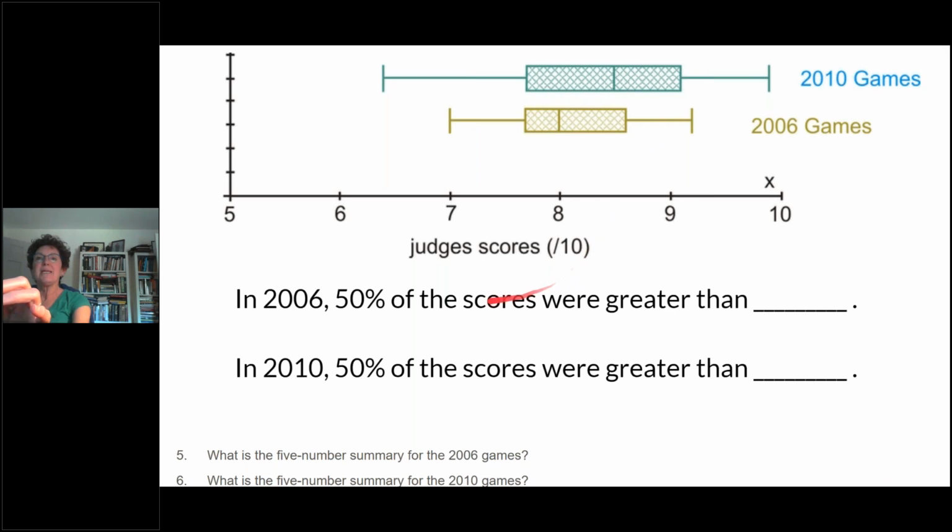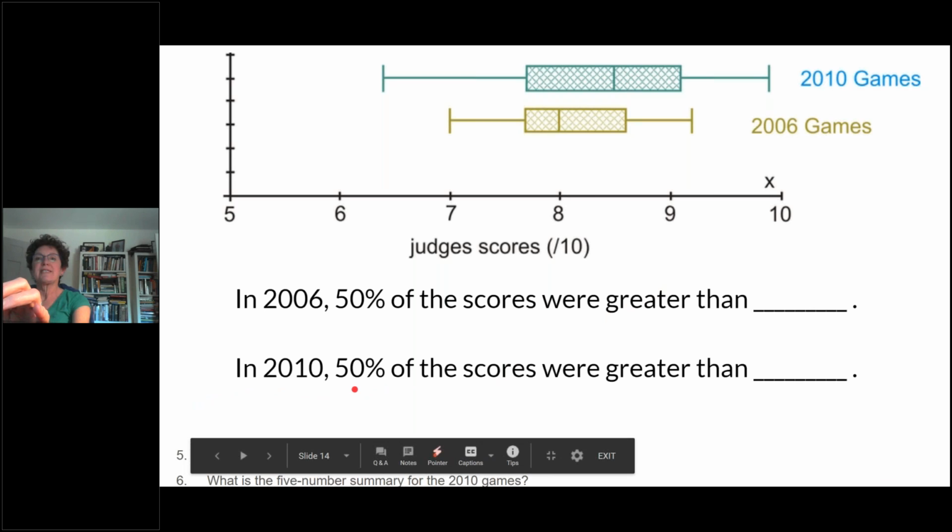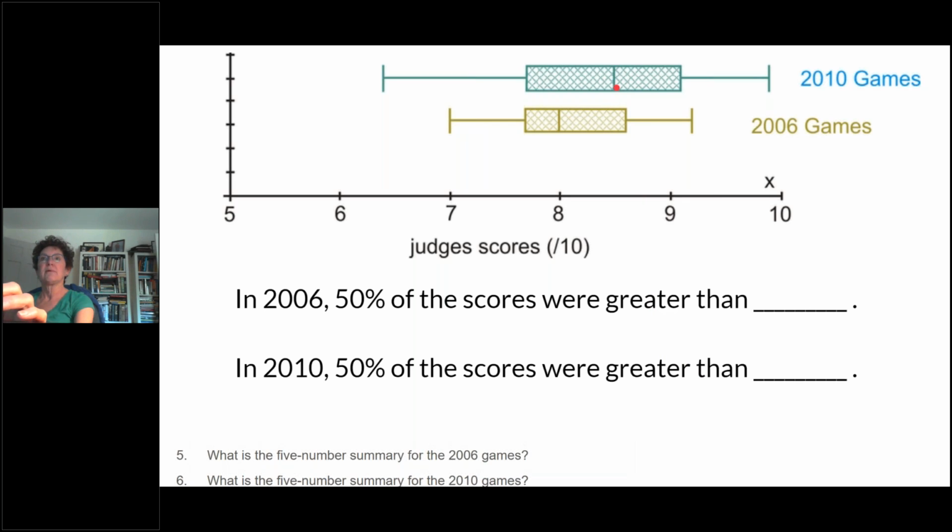So it's the median that we're looking for. In 2006, what was the median? 8. In 2010, 50% of the scores were greater than, again, same question, where's the median in 2010? 8.5.